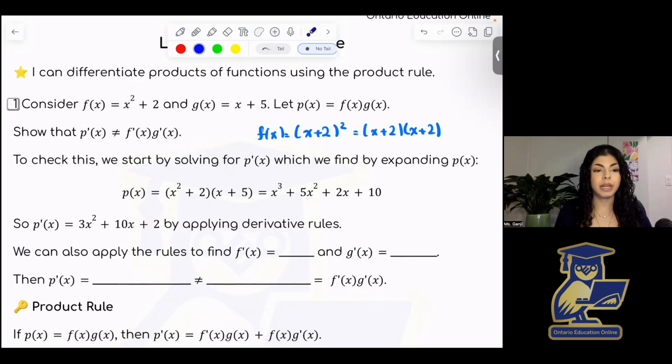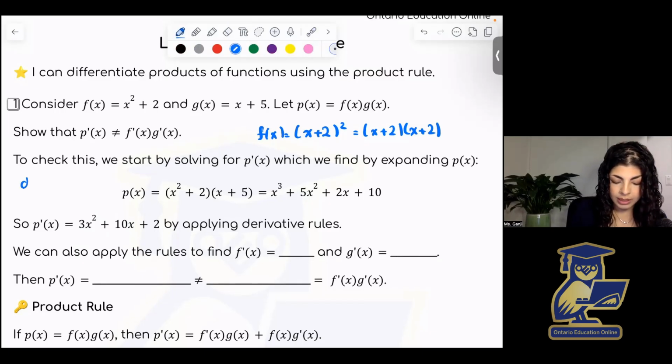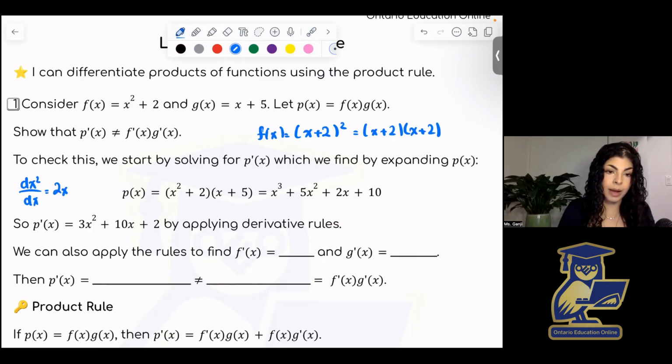Now, finding the derivative here, I'm just applying the sum rule, the power rule, and the constant multiple rule. So for this first part, we have the power rule, which gives me 3x squared. In the second part, I left the 5 and then x squared. So d x squared by dx is 2x by the power rule, and this times 5 is 10x.